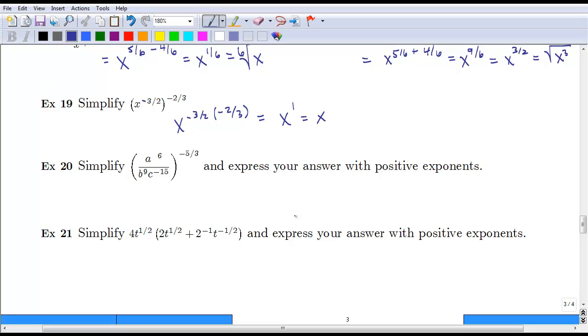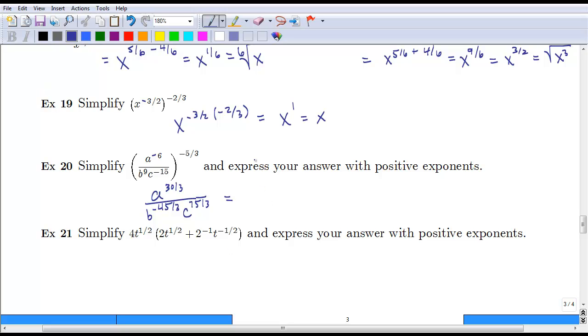We can also distribute an exponent if it's negative and radical, and negative and fractional. So if we distribute this exponent, we end up with a to the positive 30/3, b to the negative 45/3, and c to the positive 75/3. And we, again, want to reduce those fractions.